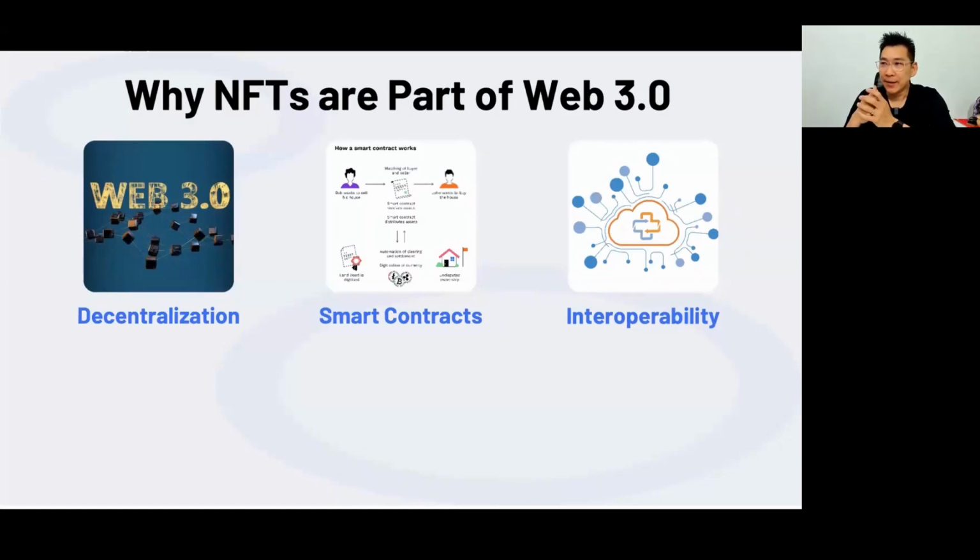For example, Wikipedia, you contribute your content into Wikipedia and it grows from there. So it's co-creation. And Web 2.0 also emphasizes interactions, social, where you're able to communicate with each other in a social network or social media platform.